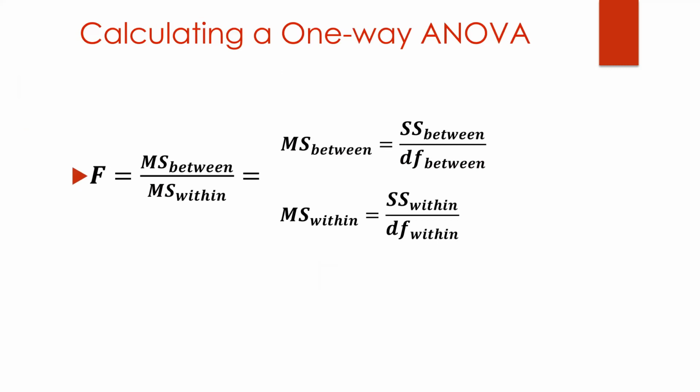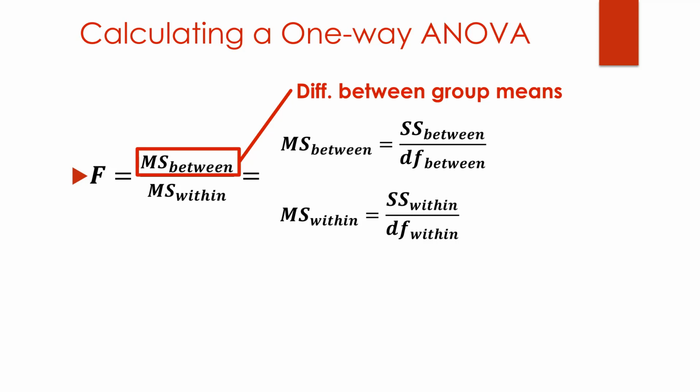Now, once you have your mean squares between and mean squares within, we have our ratio. We have our between group variance, and we have our within group variance. Now we can take the division between them, and we can get our F-score, which essentially is our ratio of between group variance to within group variance.